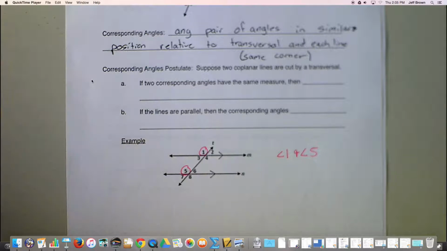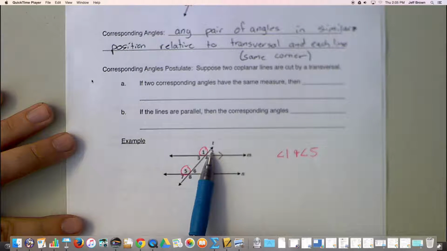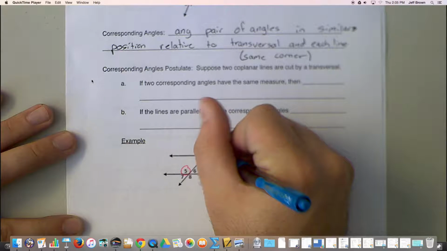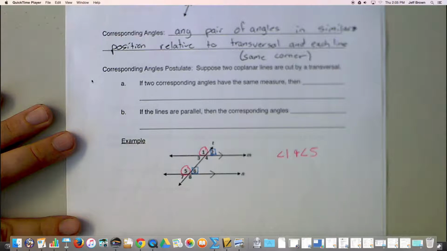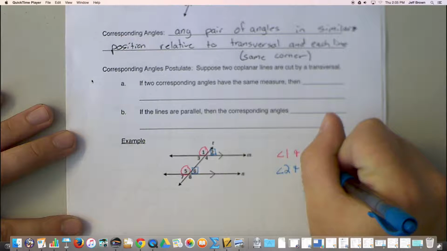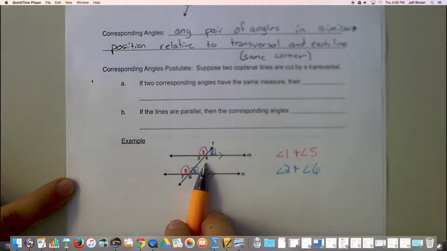We also have some other pairs here. So we have angle 2 is on that top right of our intersection, and angle 6 down here is in the same position as well. So we have angle 2 and angle 6. So we can also put that over on the side. Angle 2 and angle 6 are also corresponding angles. We have two more pairs here. So we can look at angle 4 down below here.